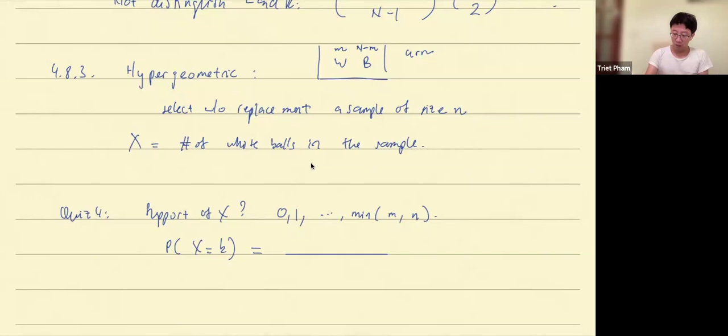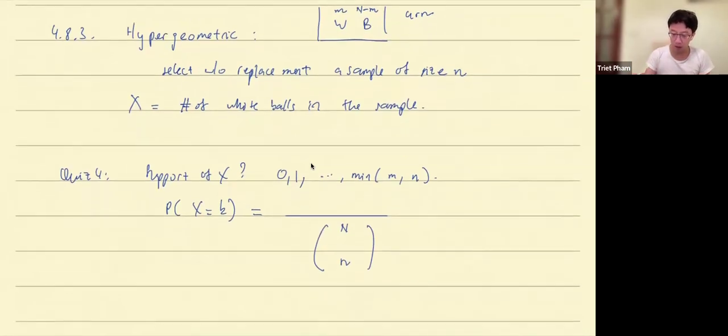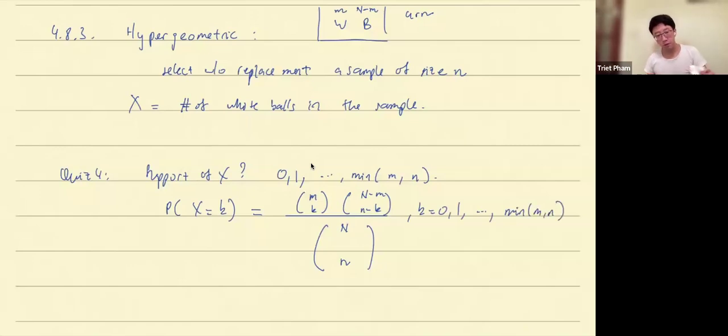How many ways can you select a sample of size n? It's big N choose small n. How many ways can you select k white balls out of this? Well, it's M choose k. The remaining must be black, N minus k, like that. Okay so far?